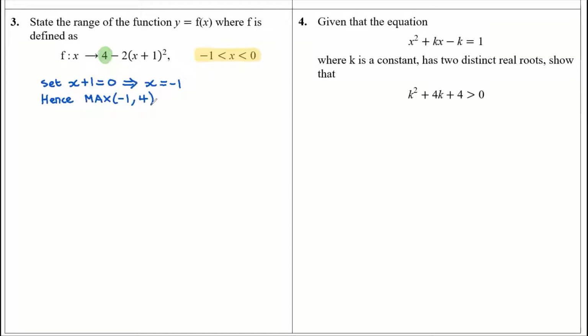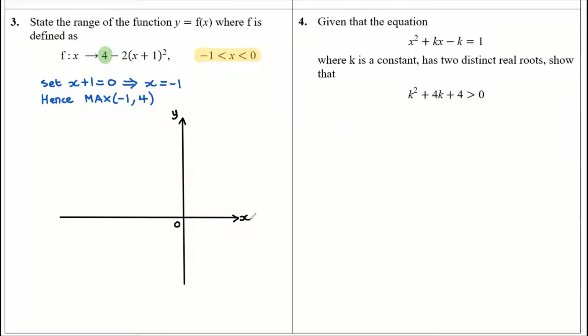Let's see what happens elsewhere. We'll sketch what we know first of all, and then see what happens. My domain is between -1 and 0. We know it has a maximum of 4, so I'm really interested in that top left quadrant. We'll label all this: y, 0, which is the origin, and x.